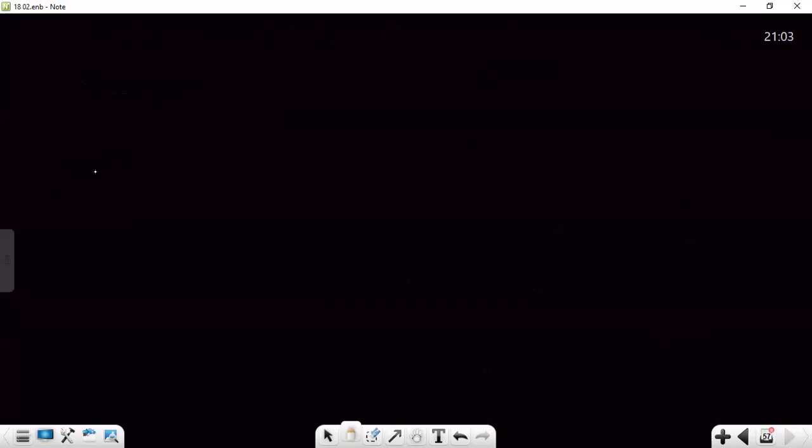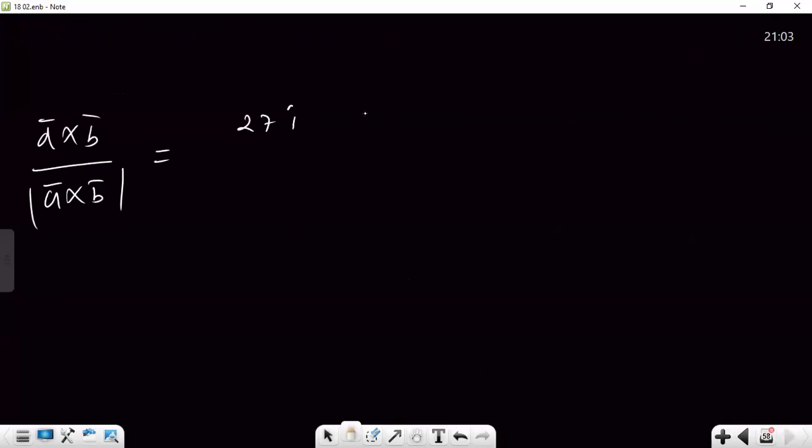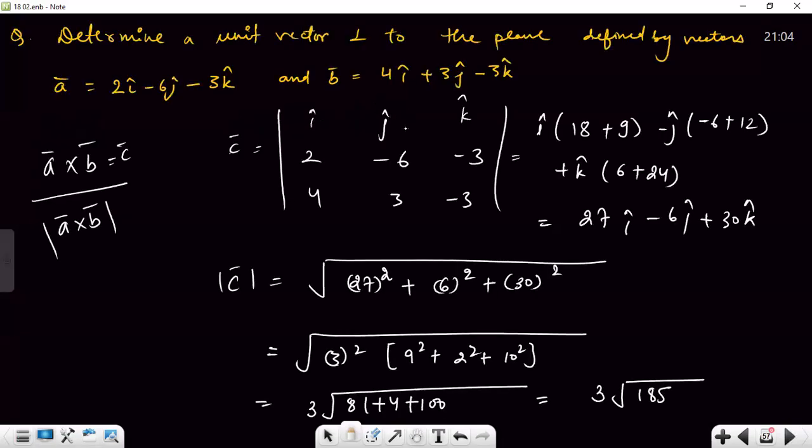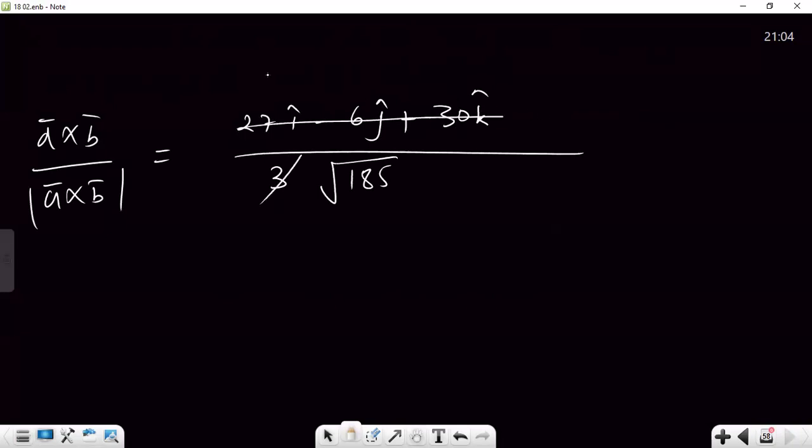Okay. So A dot A cross B upon the magnitude of A cross B. This will become 27 i cap minus 6 j cap plus 30 k cap, divided by 3 into square root of 185. 3 cancels, so we get 9 i cap minus 2 j cap plus 10 k cap.